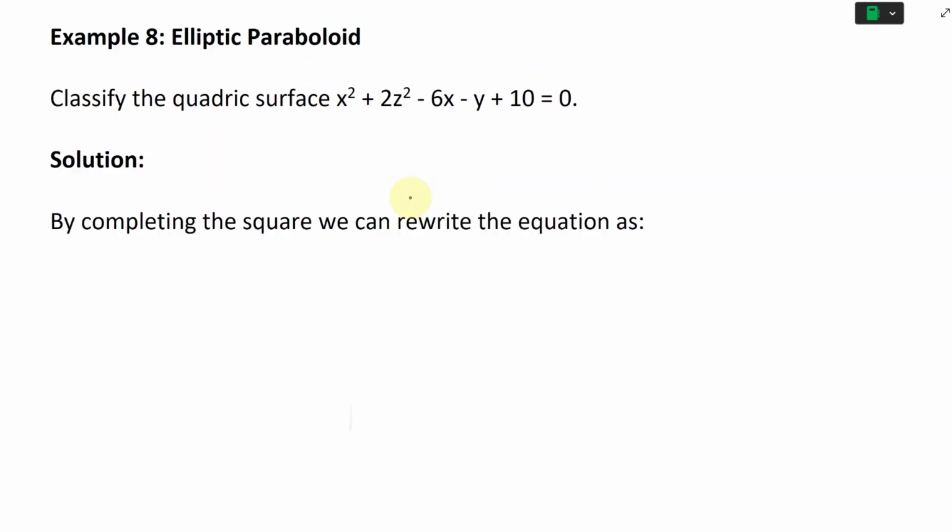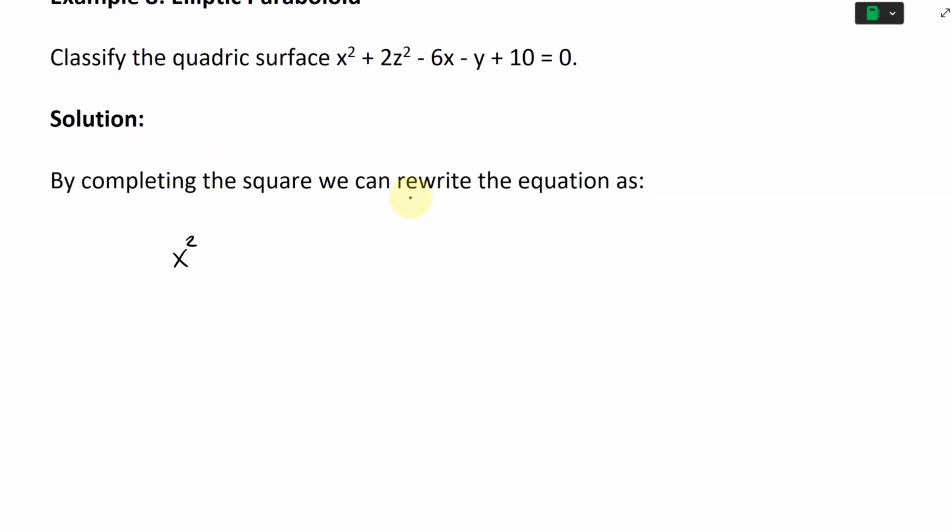So we'll have x squared, and then minus 6x plus 10, and then, so we just added this part in front just to make it easier. And then we're going to have plus 2z squared, and then minus y, then the other part.